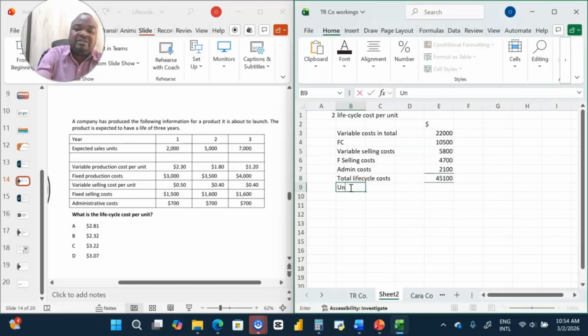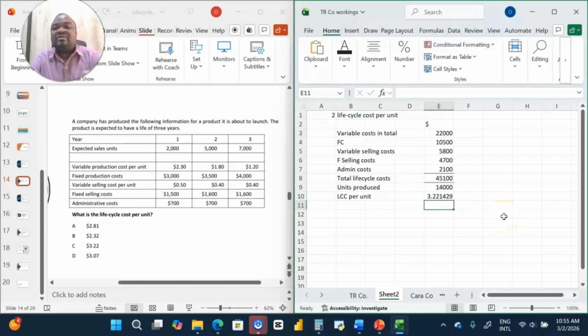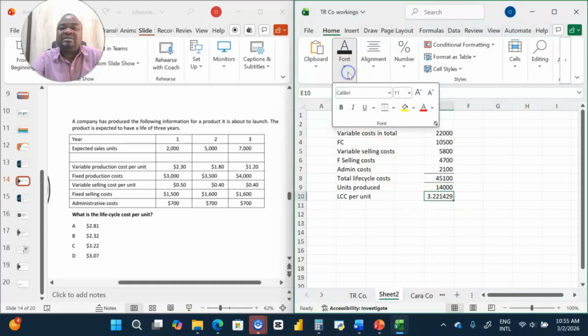We know that the units produced were equal sign 2,000 plus 5,000 plus 7,000. So that's 14,000. So the life cycle cost per unit becomes equal sign that divided by that, $3.22. So this is our life cycle cost per unit.